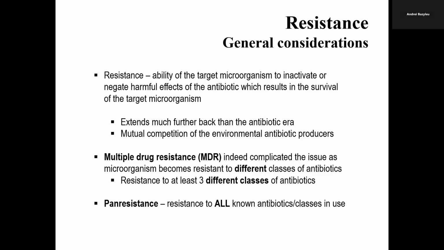So as far as the resistance is concerned, the ability of the bacteria to resist the action of antibiotics, right? So you throw the antibiotics at them instead of killing bacteria, or instead of arresting the proliferation of bacteria, the antibiotic actually is being ineffective because bacteria is not responding to that antibiotic.